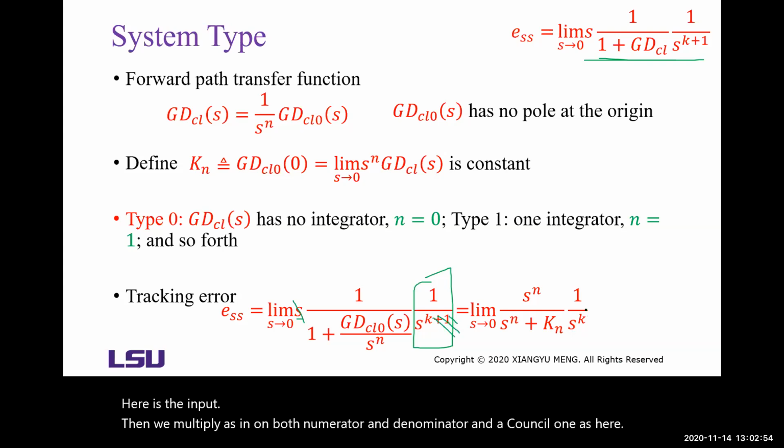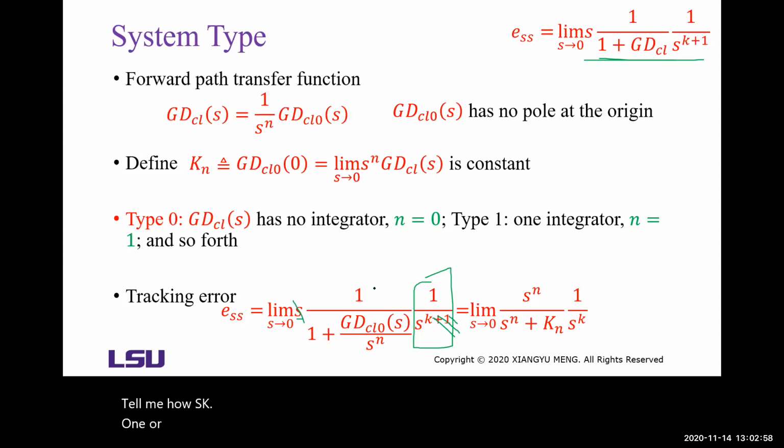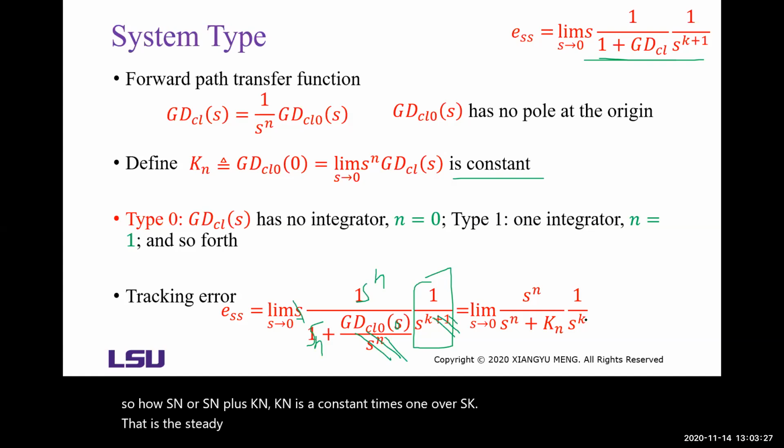Then we have s^n over s^n plus K_n, where G D closed-loop 0 at 0 is K_n. K_n is a constant, times 1 over s^k. That is the steady-state tracking error.